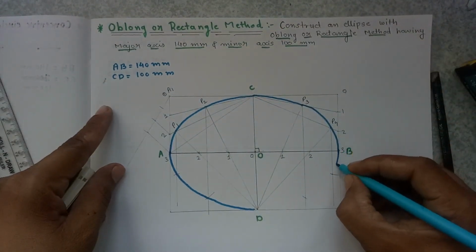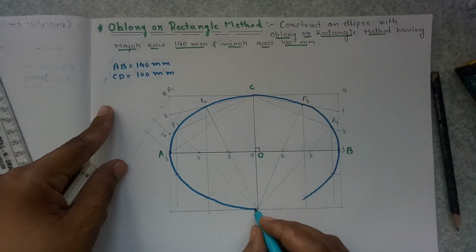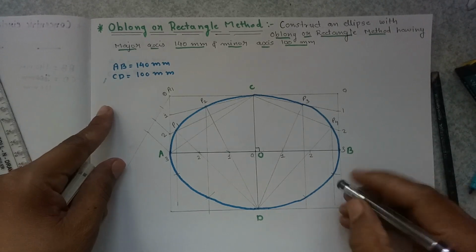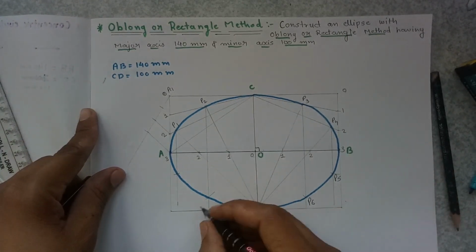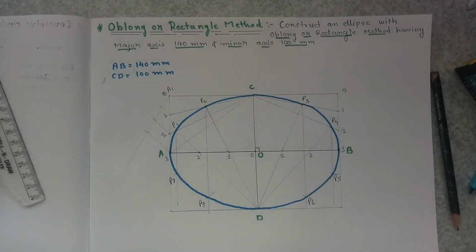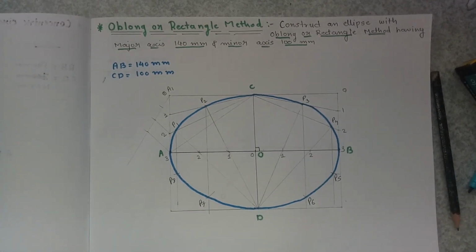So this will be the complete ellipse by using the oblong or rectangle method. P5, P6, P7, P8. So this is the oblong or rectangle method to draw an ellipse.